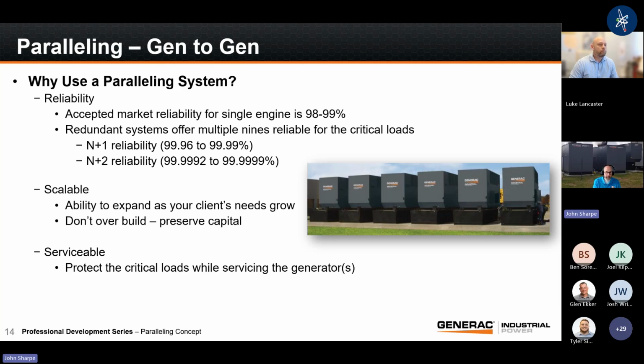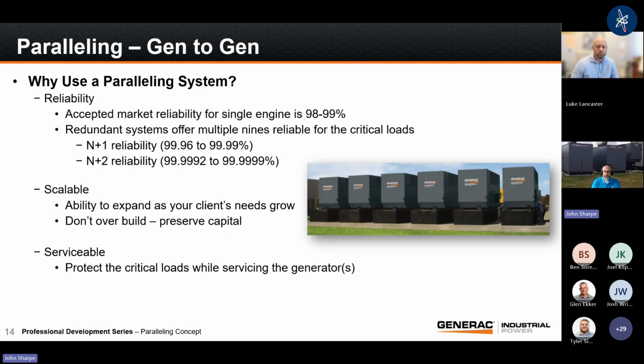So I talked about capacity, I've talked about reliability, but you also have scalability, right? You've got a building that you're building, and you want to be able to back that building up, but you've got an option where you're saying, well, if business goes well, I'm going to increase the size of this building, add onto this building, or build a second building on this property, or whatever I'm going to do. But I don't want to spend all of my capital on day one to make sure that I have generator capacity.